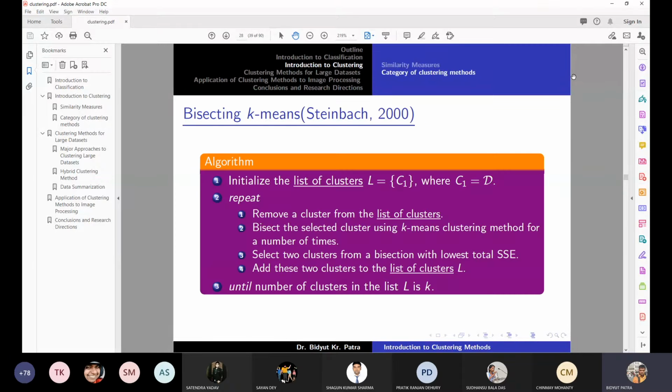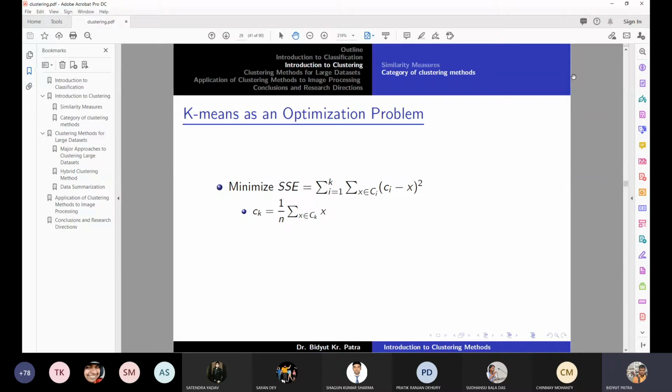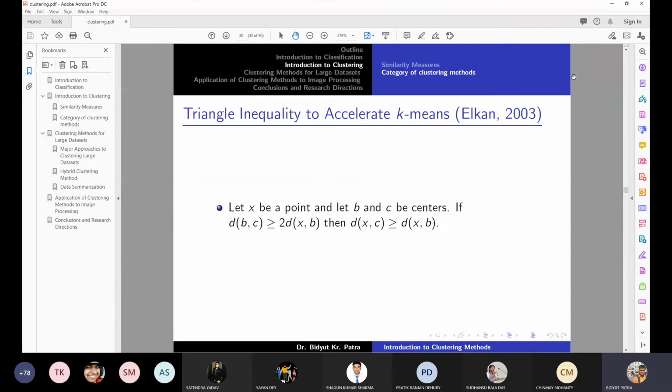By the way, early in the morning, I don't want to spoil, just chatting. So k-means as an optimization problem, hopefully you understood. Next we move to another part, something called triangle inequality to accelerate k-means. Should I run the video and if you have a doubt, I clear it?